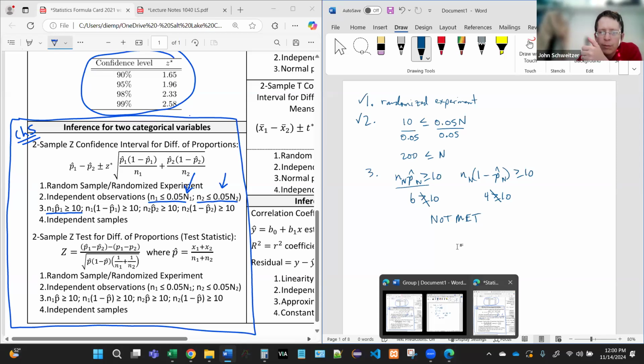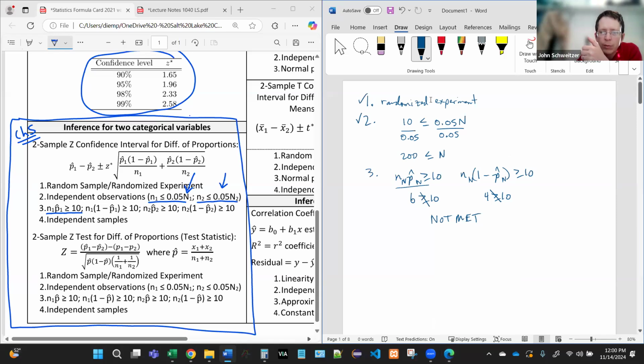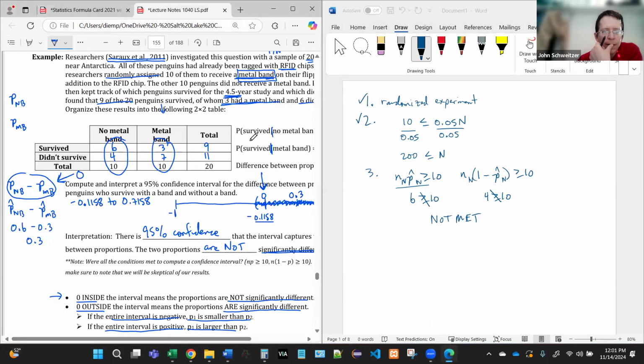So this distribution problem here, we can solve it by using a different technique, and we'll talk about that later. But for now, we just do the analysis and we just say, hey, the conditions weren't met, so we're going to be a little bit cautious of the results. Okay. Any questions there about that?